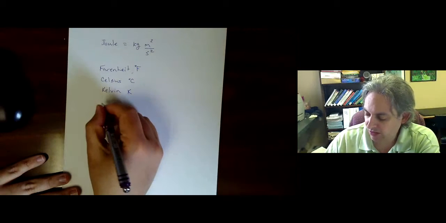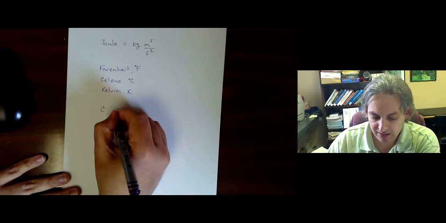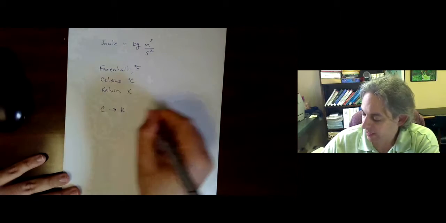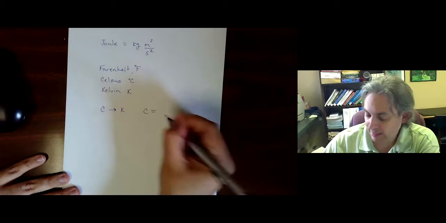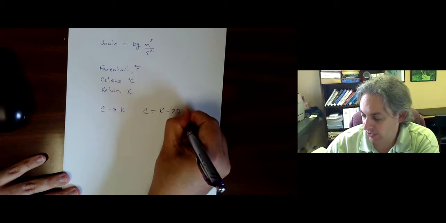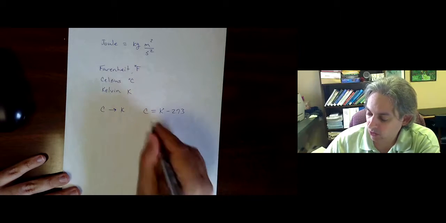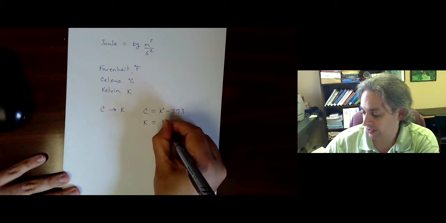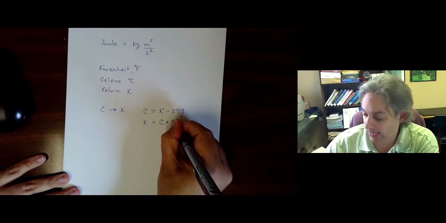So let's first do the simple one, and let's go from Celsius to Kelvin. To go from Celsius to Kelvin, use a formula that Celsius is equal to whatever your Kelvin temperature is minus 273.